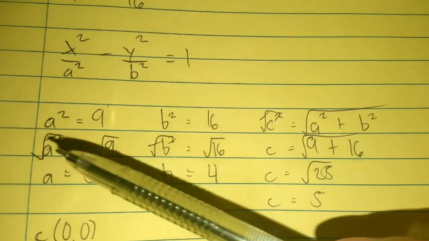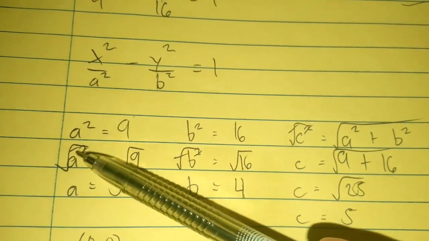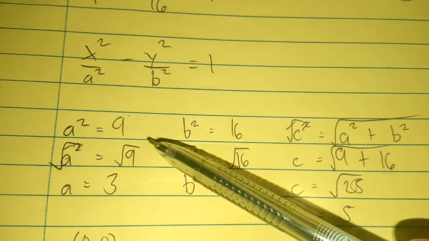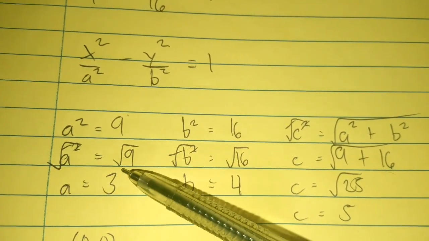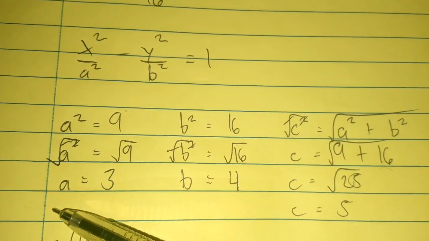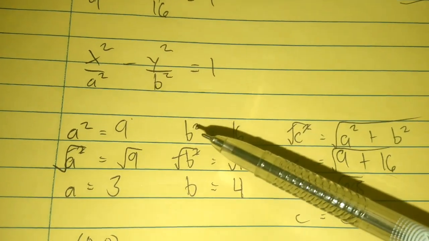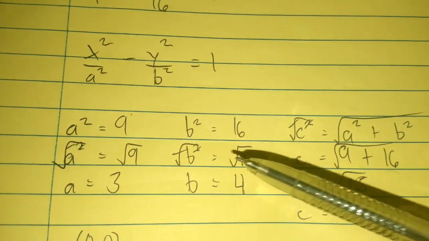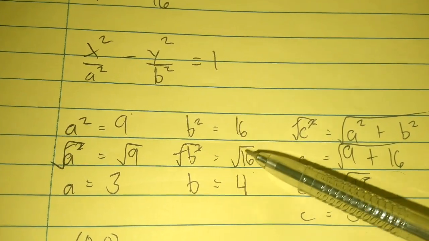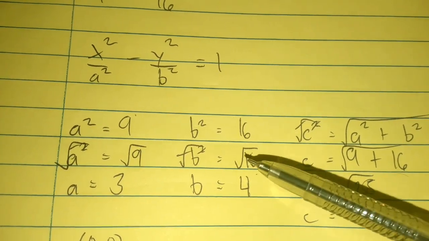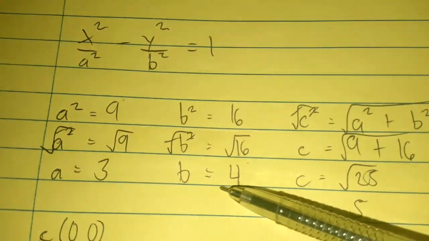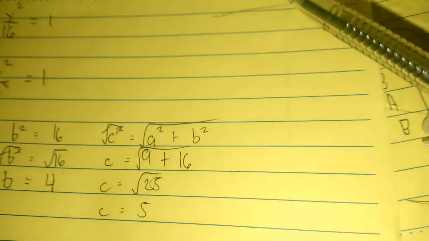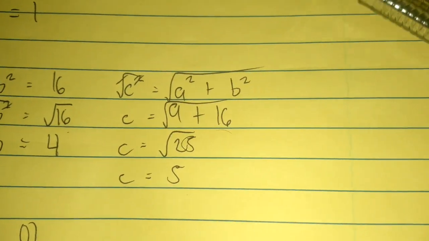In order to find the value of a, just square root both sides, then cancel. The square root of 9 is 3. That's the value of a. Same thing for the value of b: square root both sides, cancel, b equals the square root of 16, which is 4. For c, it is different.